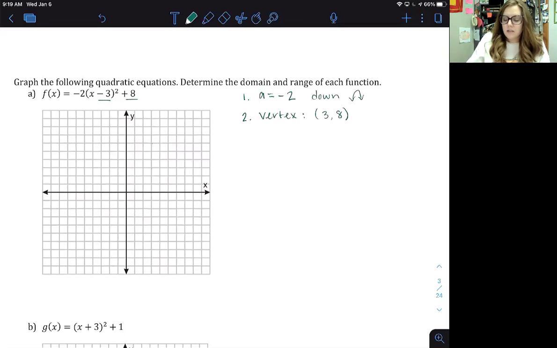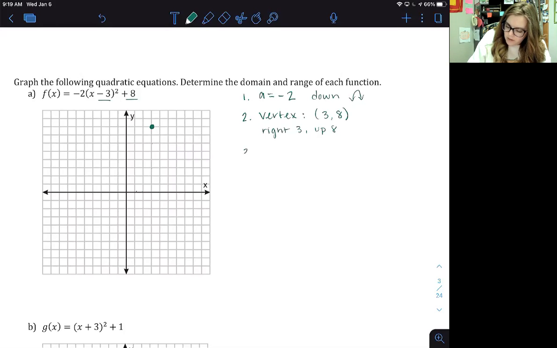We know when we subtract on the inside, this is going to move right 3 and then up 8. If you graph that, right 3, up 8, that gives you that ordered pair (3, 8). Okay, so again, whichever method you need to think about it, I'm perfectly fine with. Do what makes most sense to you.